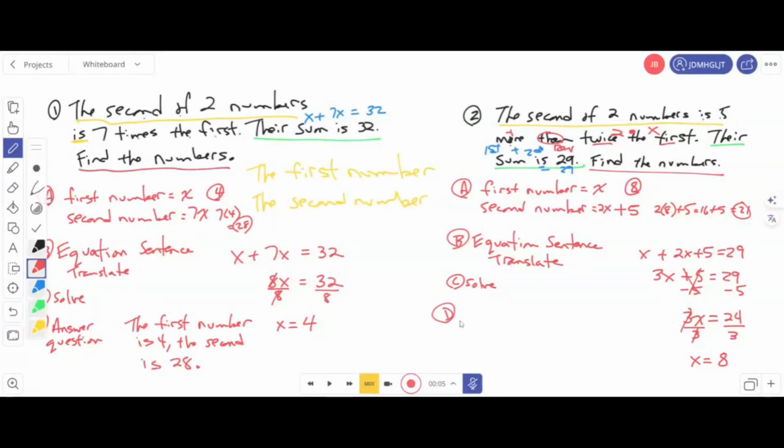So now we can answer the question. The first number is 8, and the second is 21.